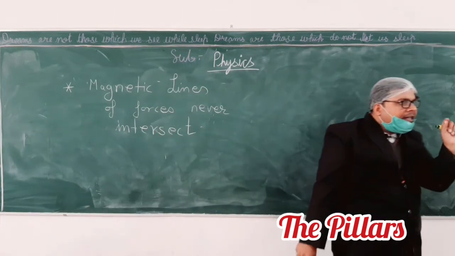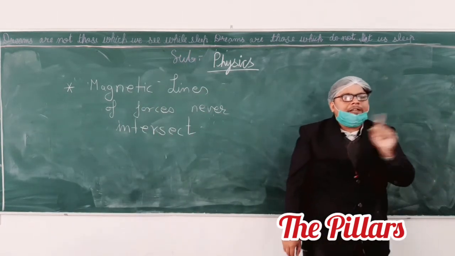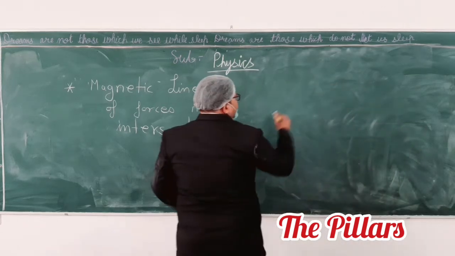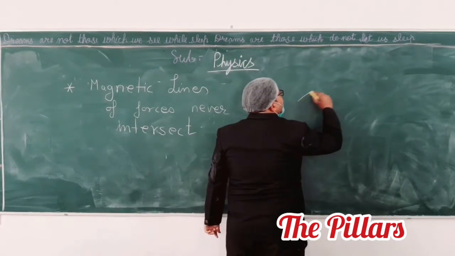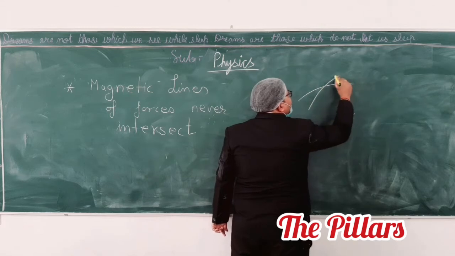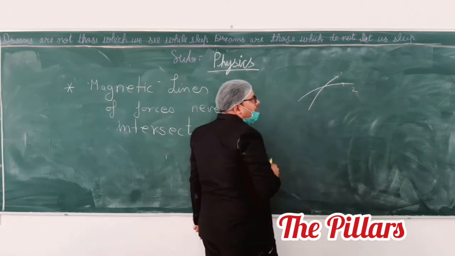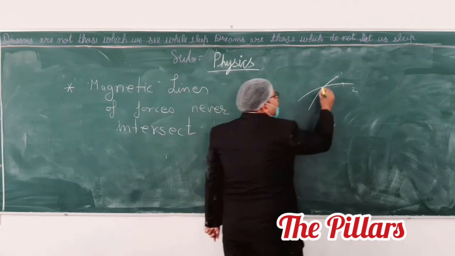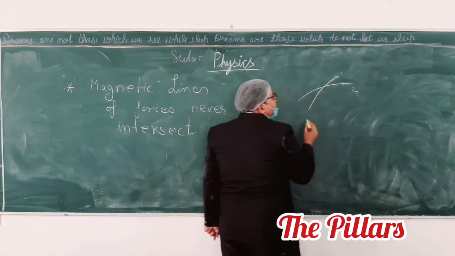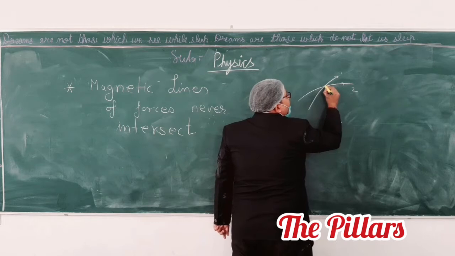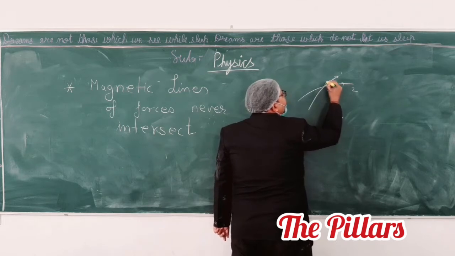Now, if two magnetic line of forces intersect, what is going to happen? Let's see. Suppose we are having an intersection of two magnetic line of forces, this is 1, this is 2. If they are intersecting at this point in the space, we are going to have one tangent in this direction and one tangent in this direction.